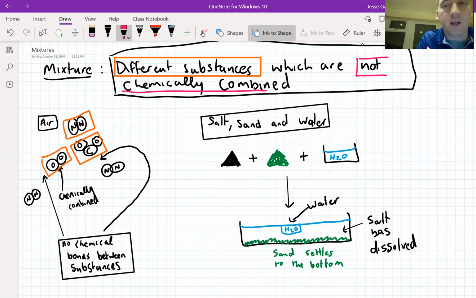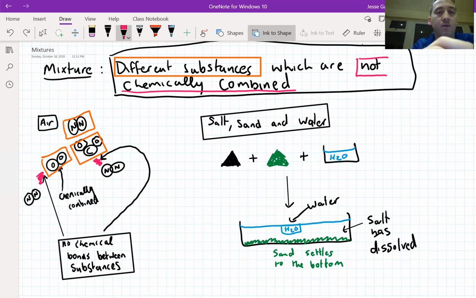This space shows they are not chemically combined. If they were chemically combined, we would draw them touching each other, or we would have a bond linking them. And we do not have those here. We have spaces or gaps. That means that particles are not chemically combined.